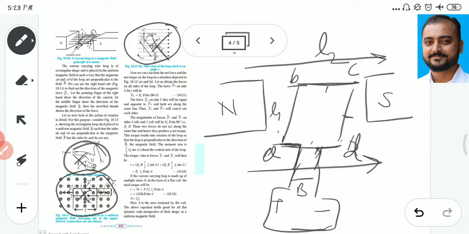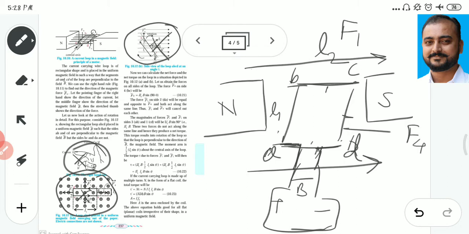Now if you draw the figure like this and mention the forces, as per your book notations, the force acting on BC is F1. Force acting on CD is F4.